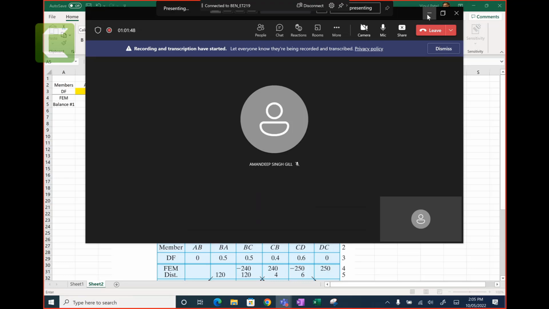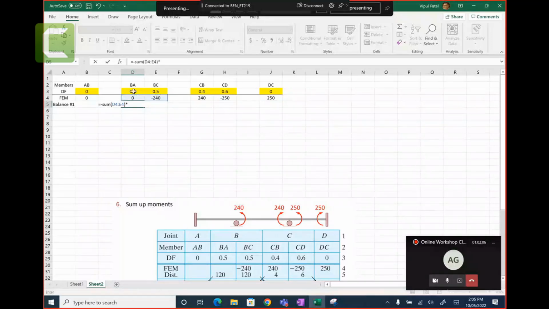All right, so balance one. I think you come back here, you say sum, and you select these two, bracket over, times by distribution factors, and press F4, or you can just fix up here.